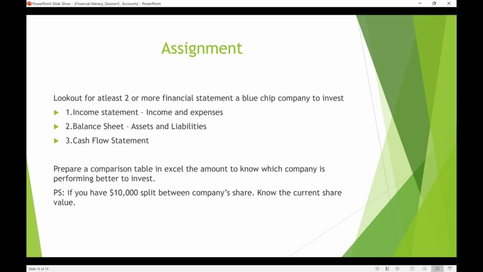Do this with three different companies. For instance, if you have $10,000 in your hand and you want to split it among the top three companies, pick the top three companies, do some research, and see how they're performing and how much you want to put in, the ratio.